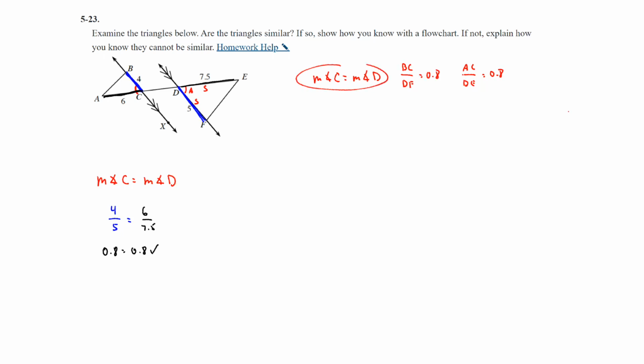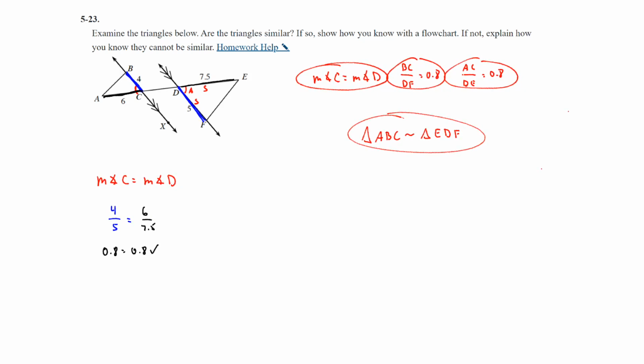So we have measure of angles, side lengths that are in proportion, and this all goes to prove that triangle ABC is similar to triangle, make sure you match them up right, EDF. And let's fix this one.